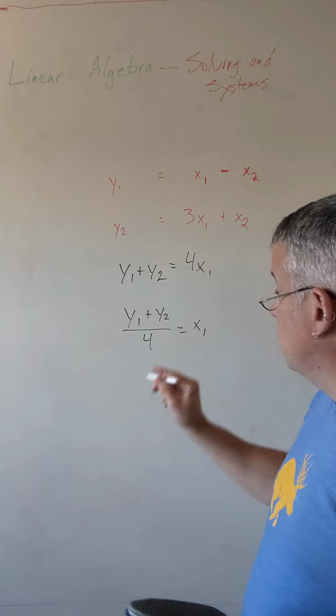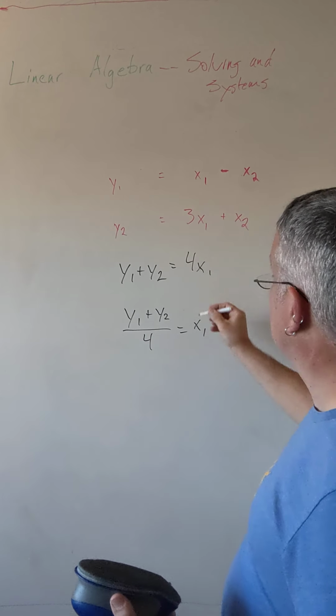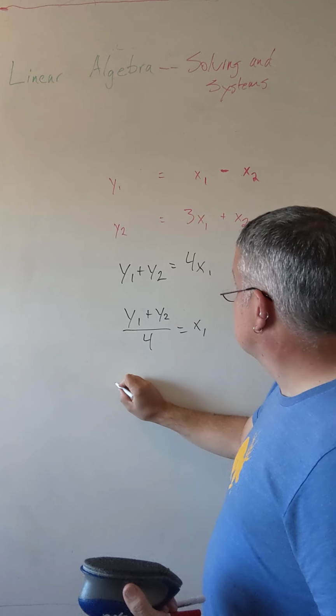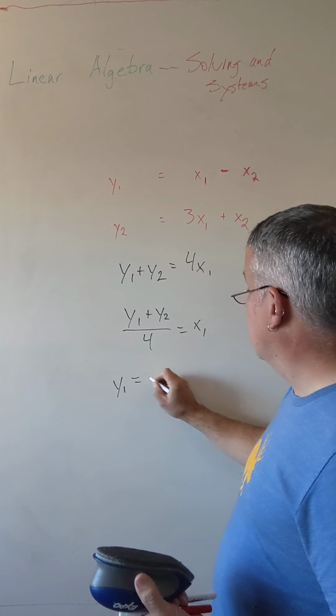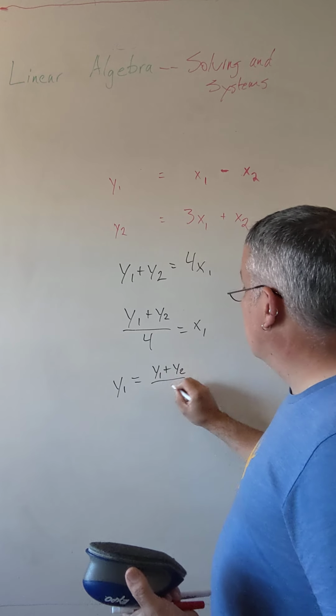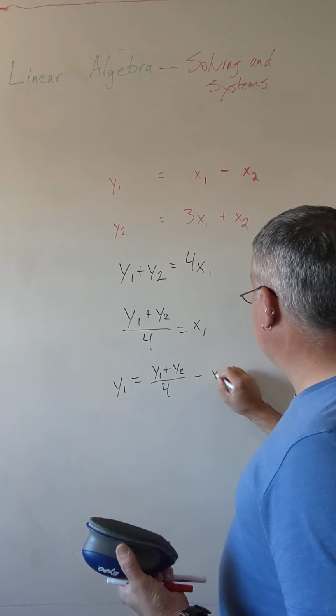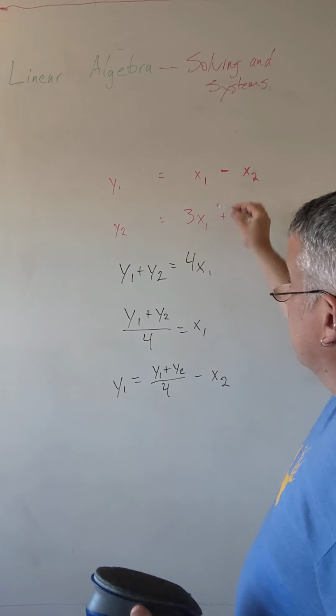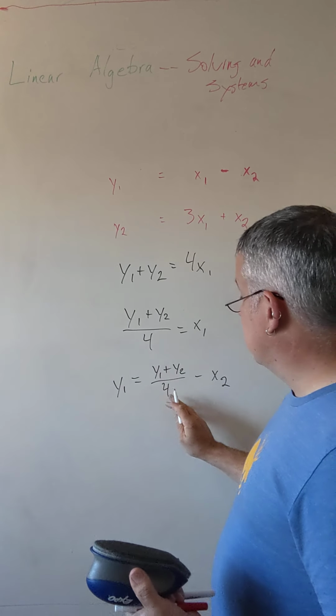Now how do we find x2? We go back in and plug it back in just like we did before. Let's use the first equation because that's a little simpler. y1 equals (y1 plus y2) over 4, minus x2. I've just plugged in for x1. Now we can simplify this.